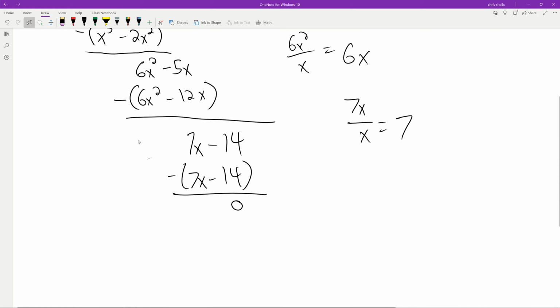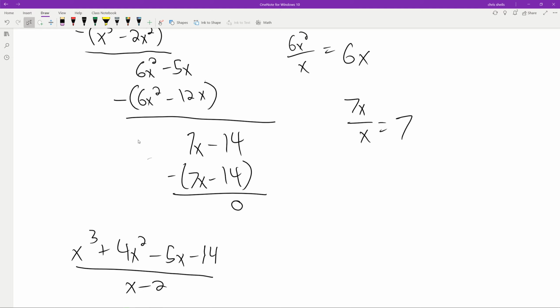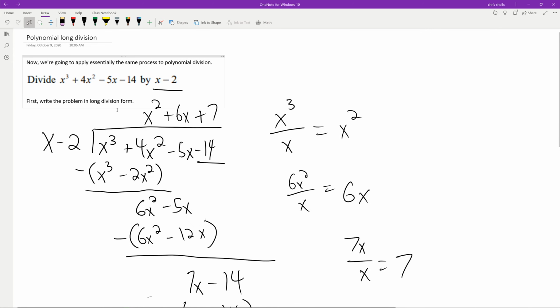So in other words, x cubed plus 4x squared minus 5x minus 14 divided by x minus 2 is equal to, we got x squared plus 6x plus 7. We got this thing right here, yeah?